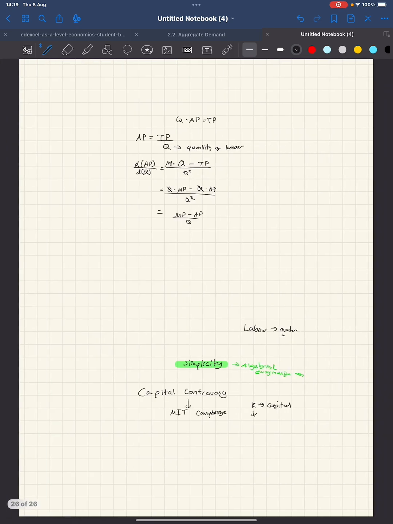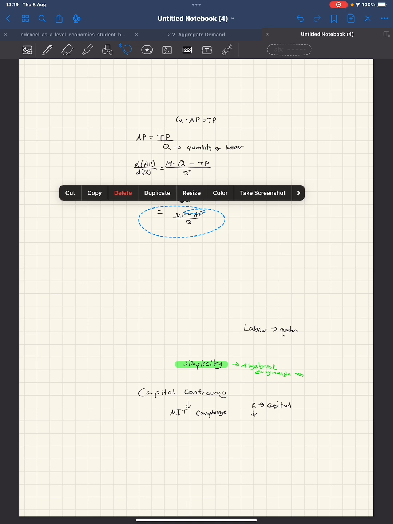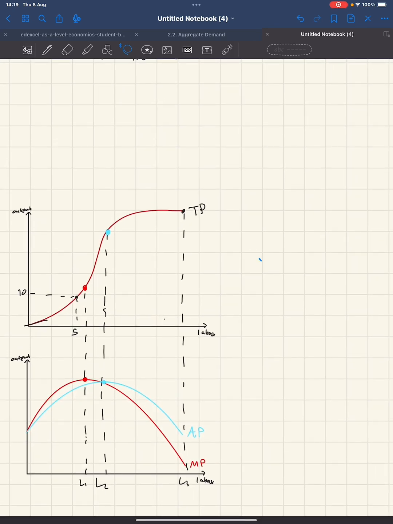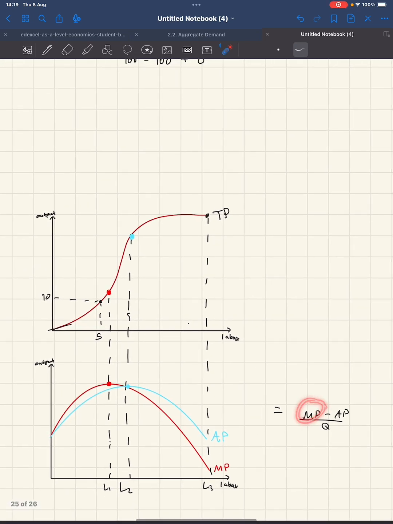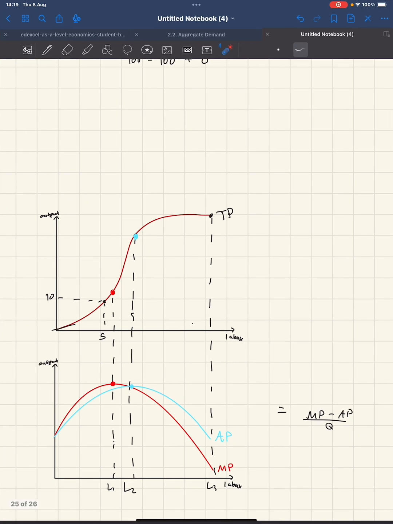So let's copy this over. When our marginal product is greater than our average product, we have an increasing function.